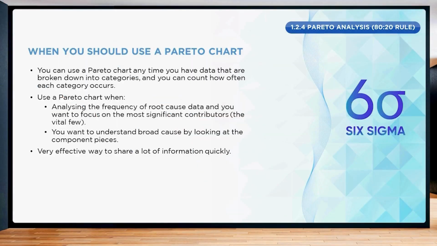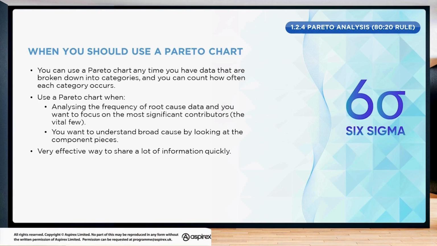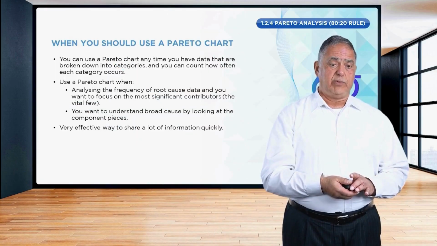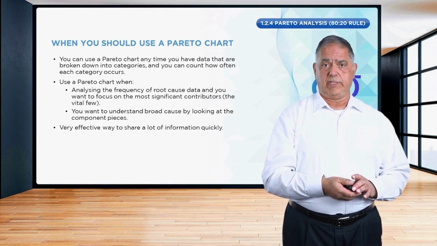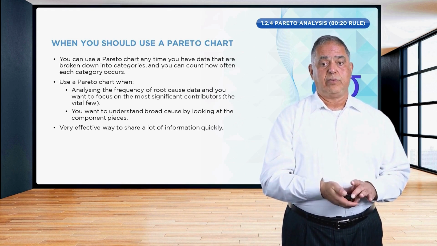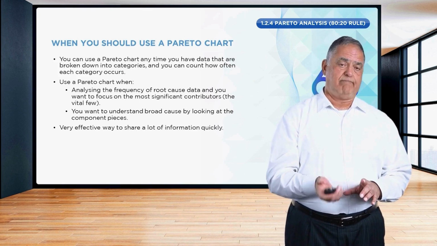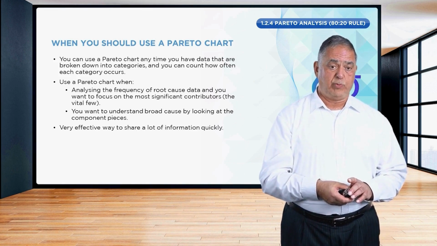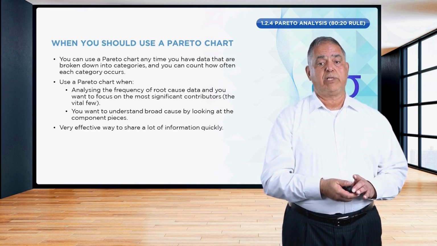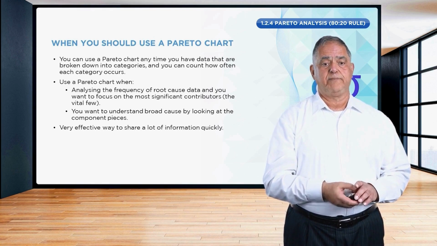So when should we use this tool? We can use it anytime you have data that are broken down into categories, and you can count how often each of these categories occurs. You can use it when you analyze the frequency of root causes and you want to focus on the most significant contributors, the vital few representing the 20%, and you want to understand a broad cause by looking at the component pieces.